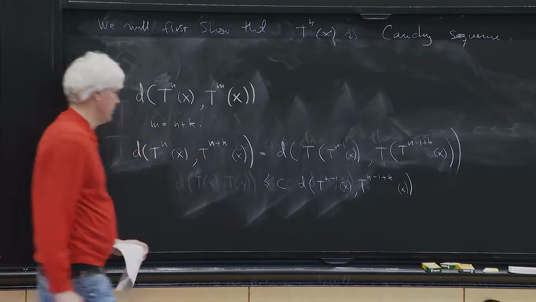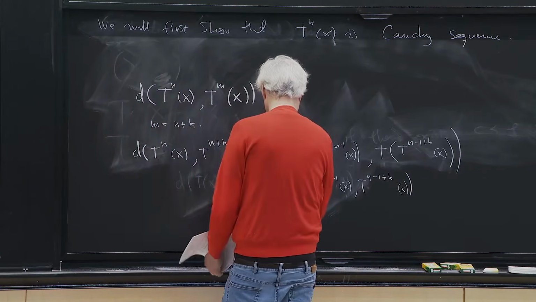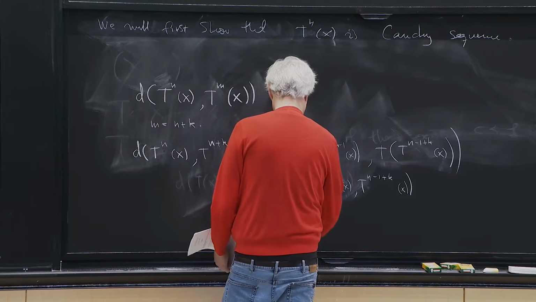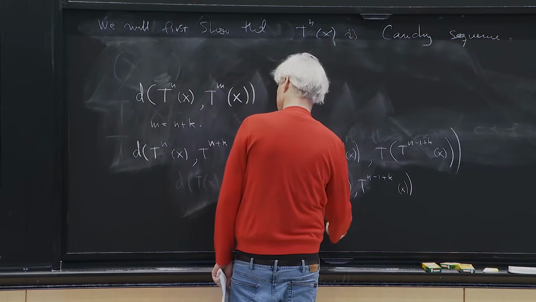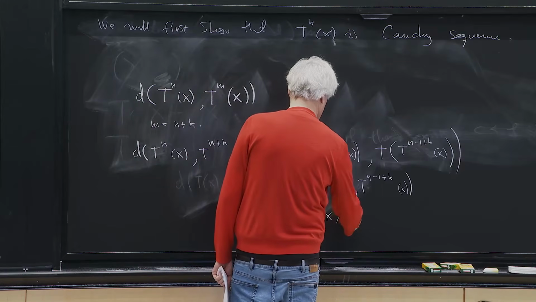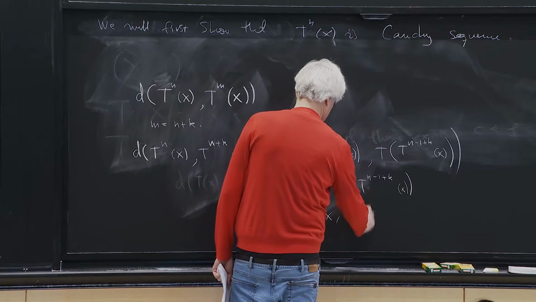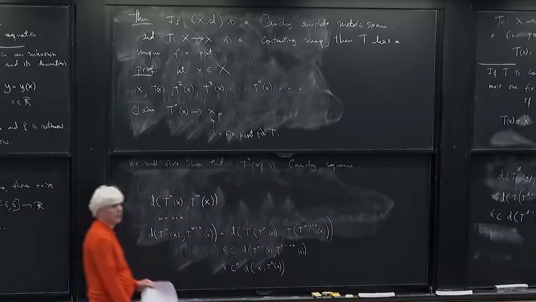So this is less or equal to c^n times the distance between X and T^k of X.